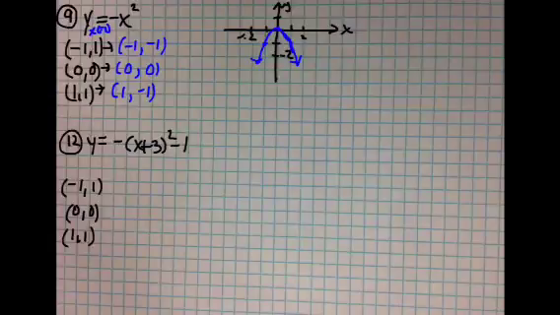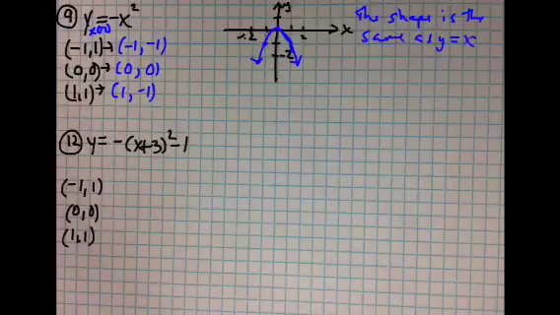So you would say the shape is the same as y equals x squared. It's just reflected over the x-axis.